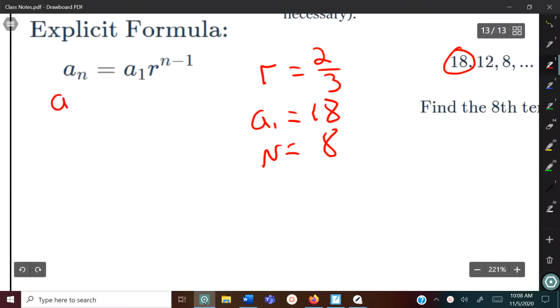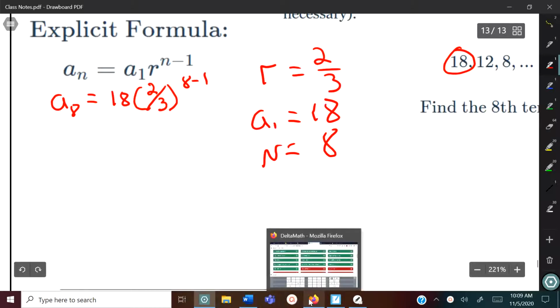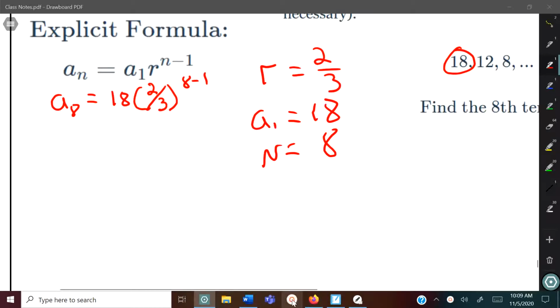A sub n, see, a sub 1, 18, parentheses for the r, 2 divided by 3, and then raise it to the n, 8 minus 1. Now we're going to type all of that into the calculator.